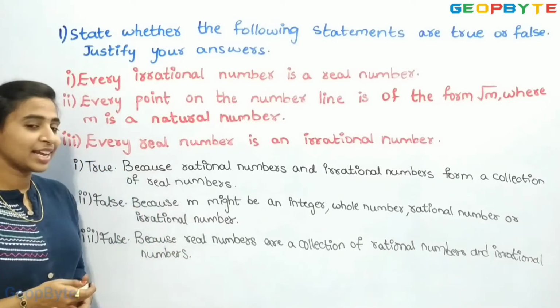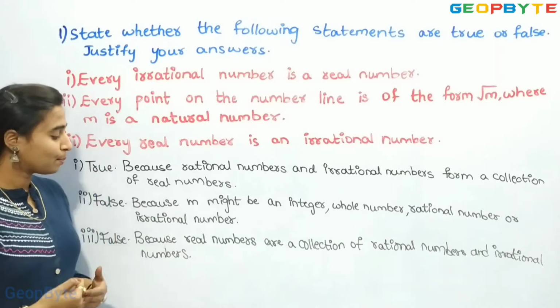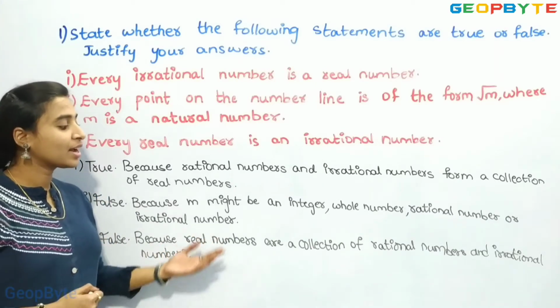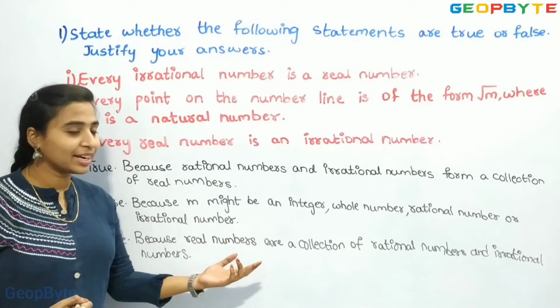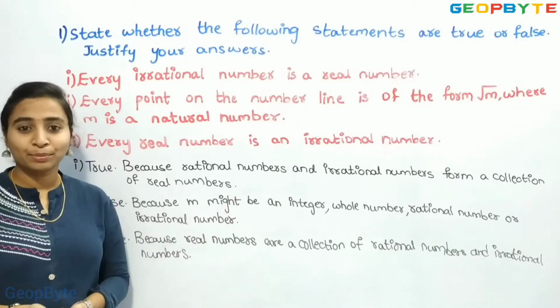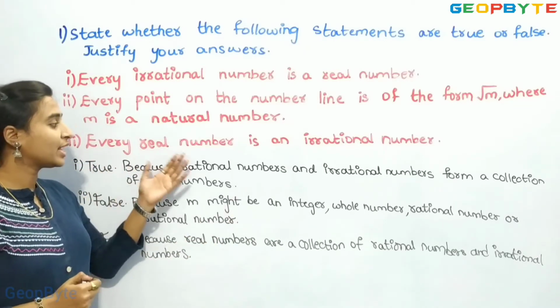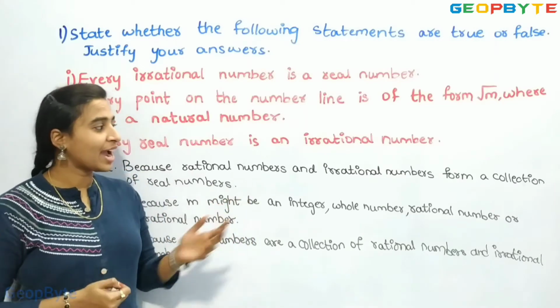So, the third statement is false because real numbers are a collection of rational numbers and irrational numbers. So, every real number cannot be an irrational number.